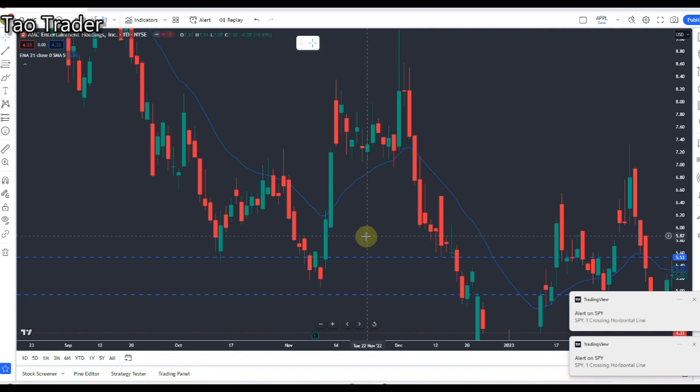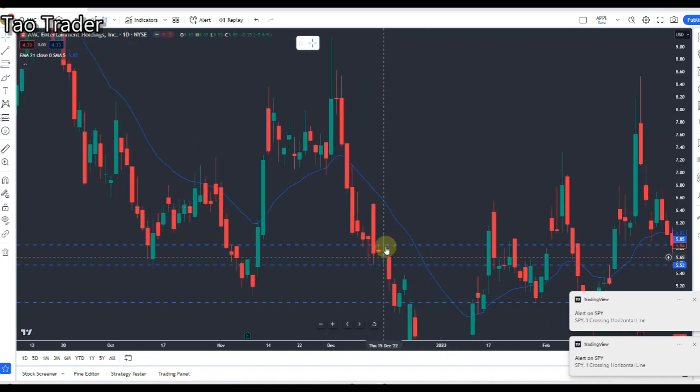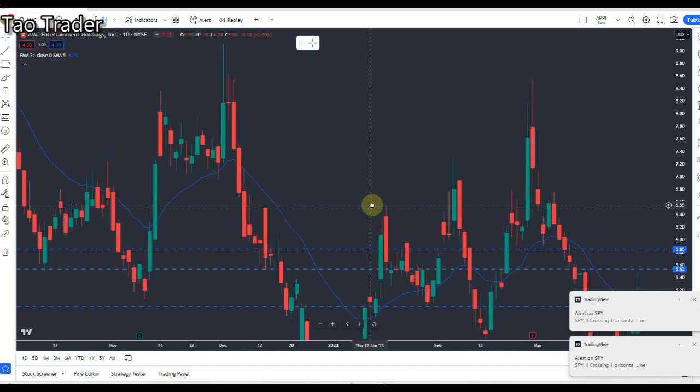Let's keep searching this chart. There's another one. You can see this red candle closed here, and then at the top of this candle, this wick is pretty near right there.